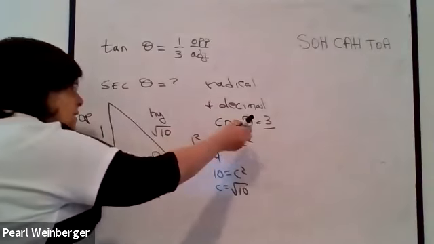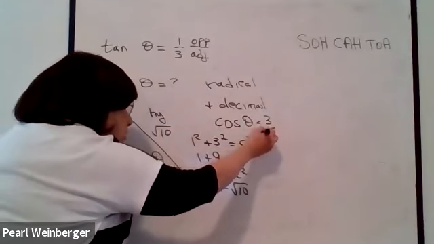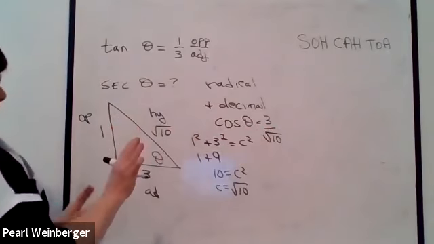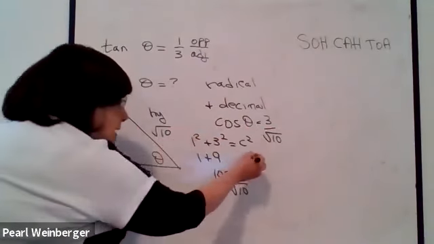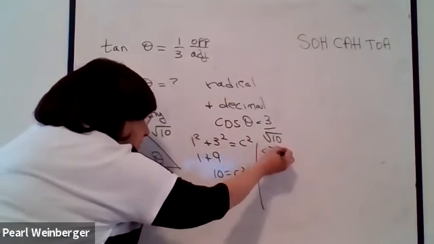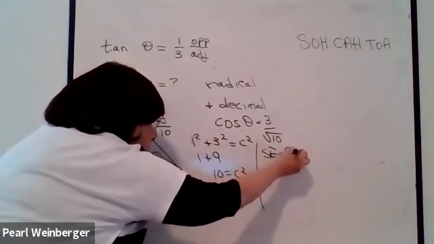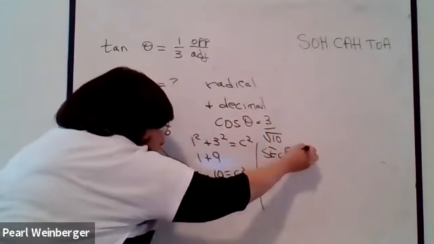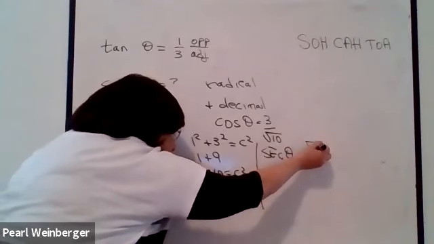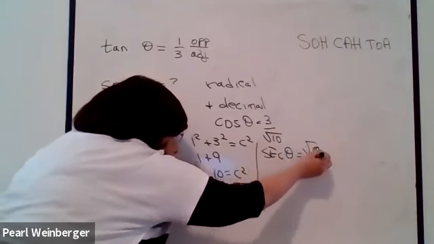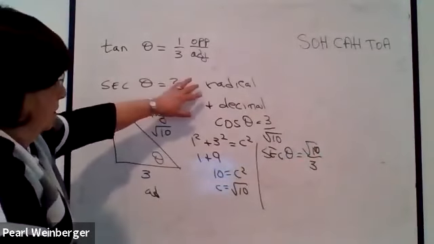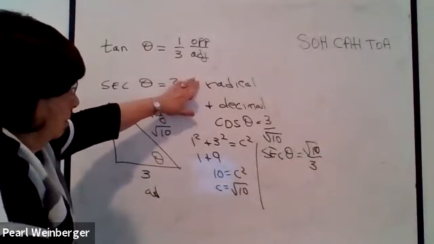So my cosine has to be 3 over the square root of 10. But again, I didn't want what the cosine was. I want what the secant is. So the secant is just this thing flipped upside down. So it's the square root of 10 over 3.